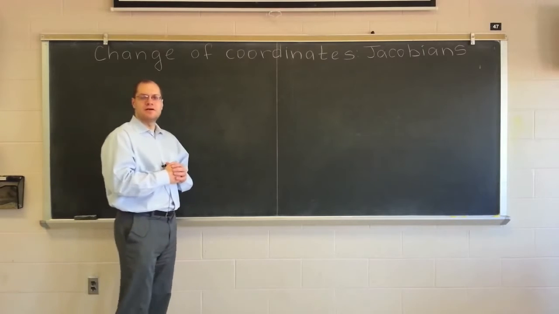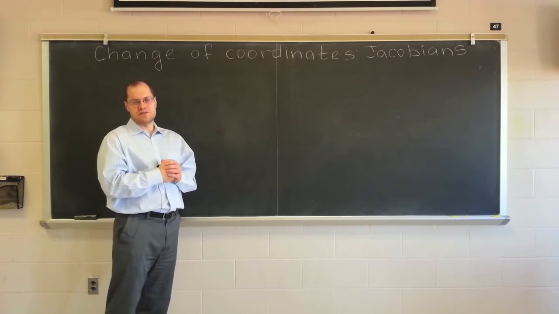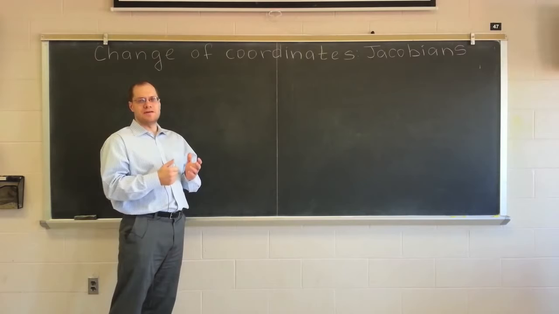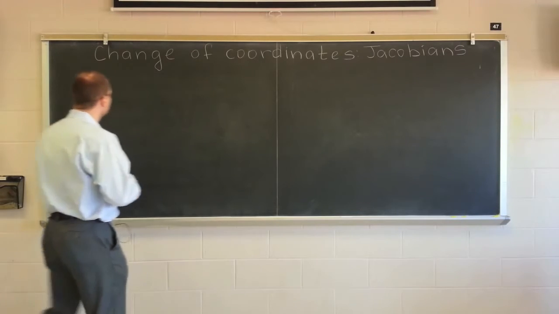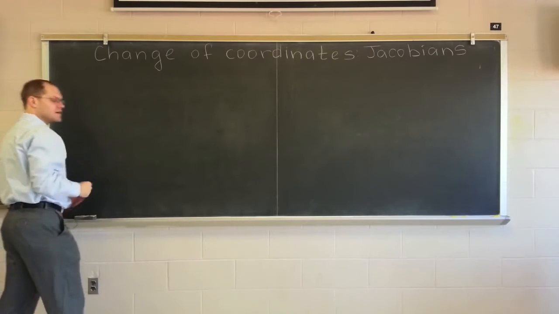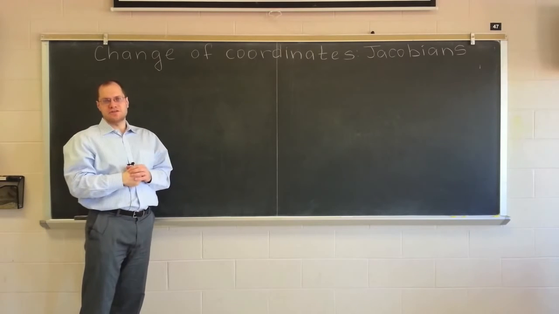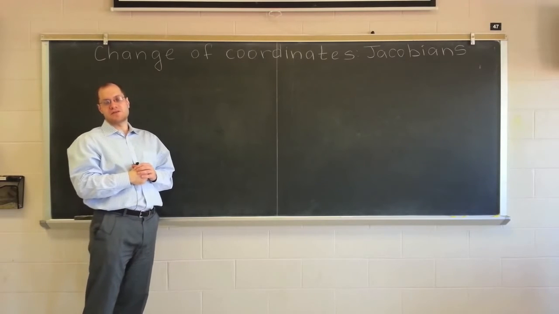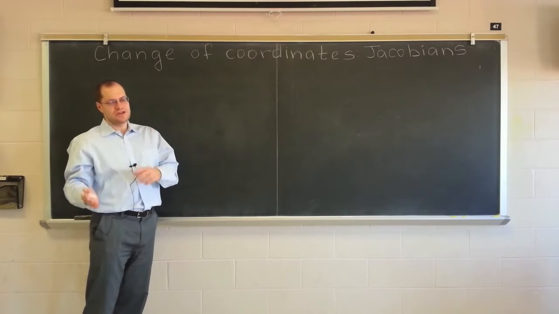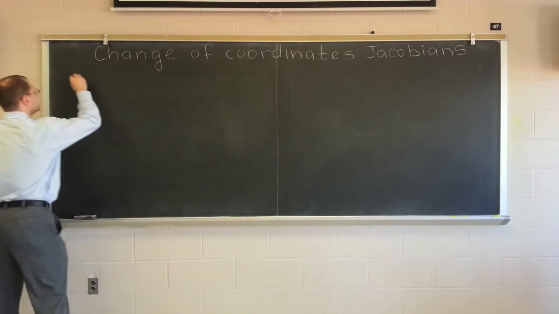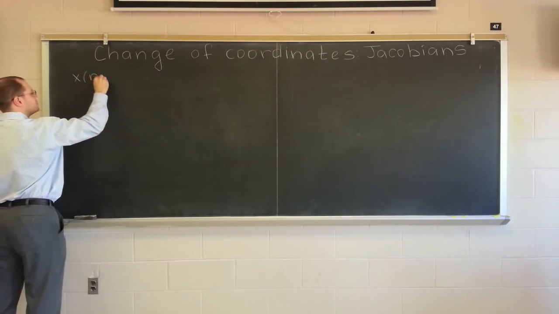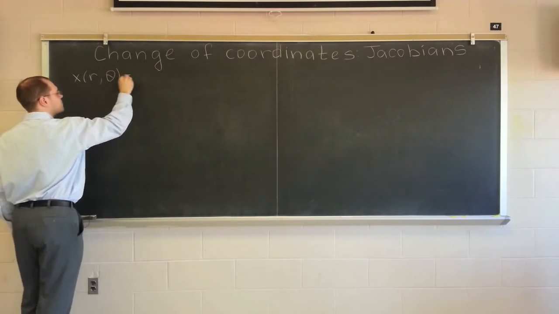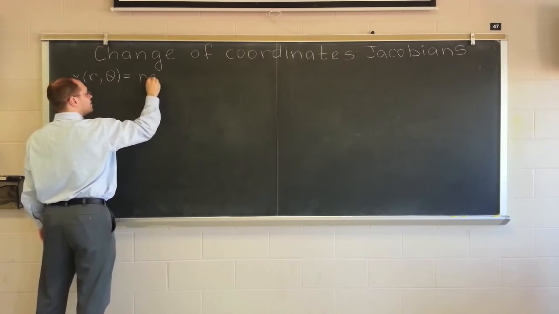Okay, let's talk about Jacobians of coordinate transformations. A Jacobian is essentially a matrix of partial derivatives. So for instance, let's talk about, once again, polar and Cartesian coordinates, and talk about the transformation of Cartesian coordinates to polar coordinates. So for example, x as a function of r and theta is r cosine theta.